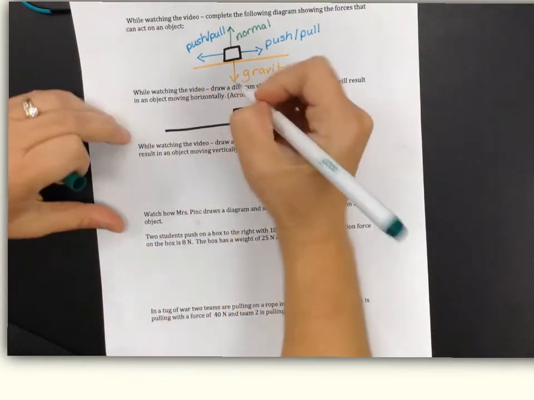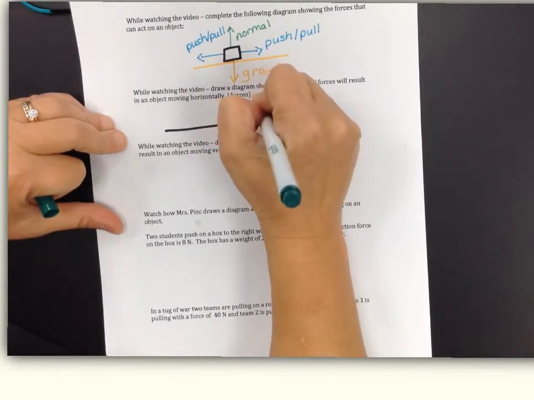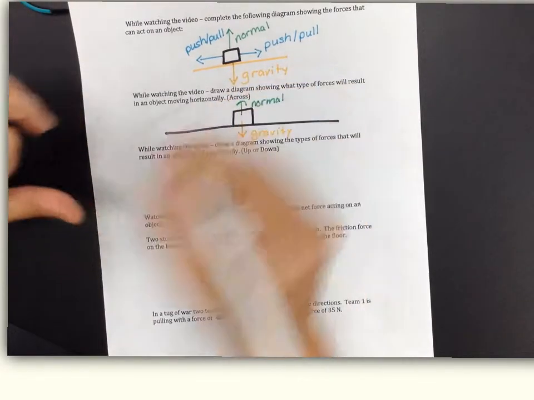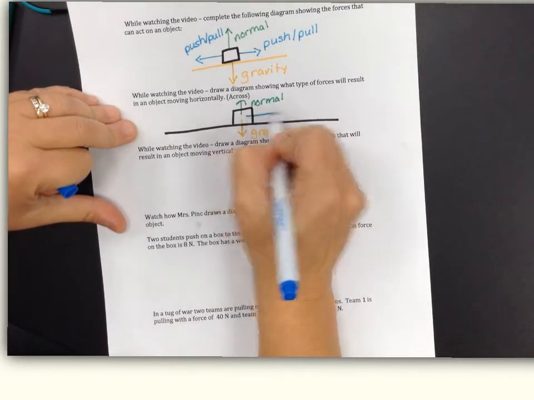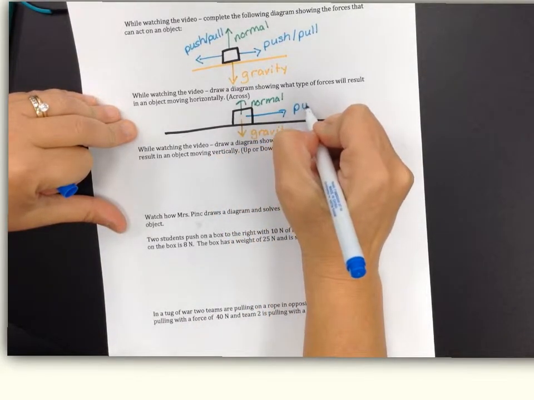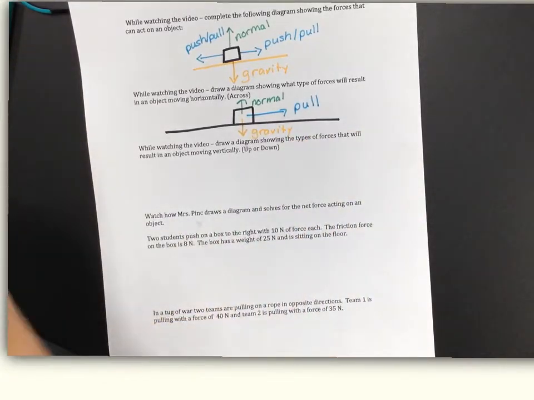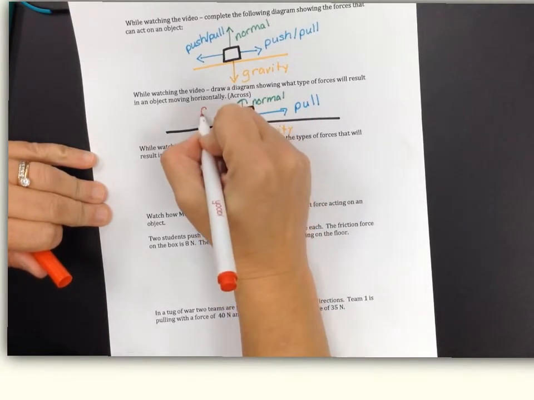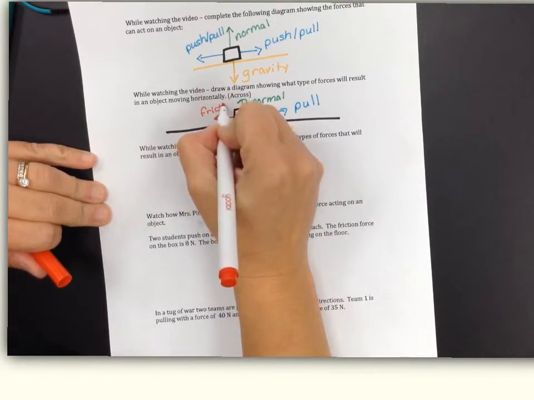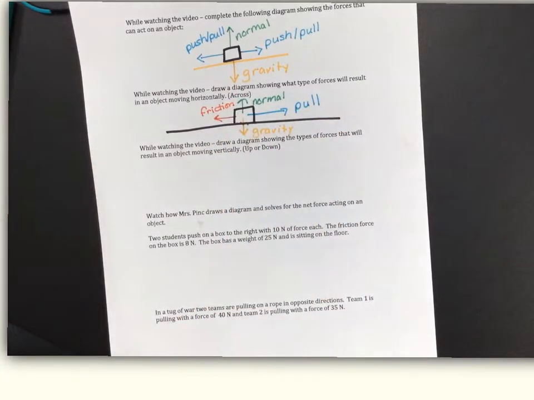We'll have the normal force pushing up. Then if we're pushing or pulling the object in this direction, since there are 2 surfaces touching right here, we are going to have a friction force trying to stop our object from moving. Friction is what you get when 2 surfaces rub against each other.